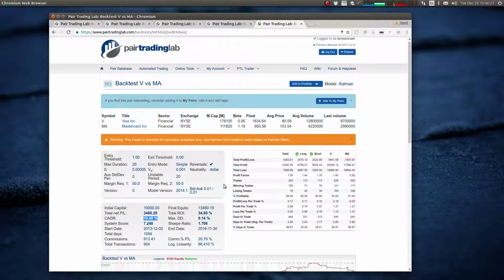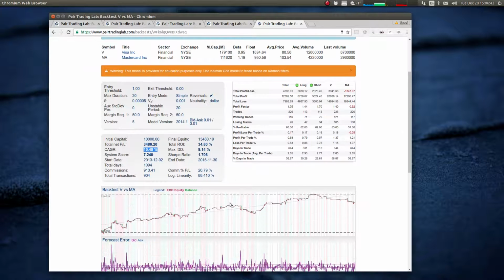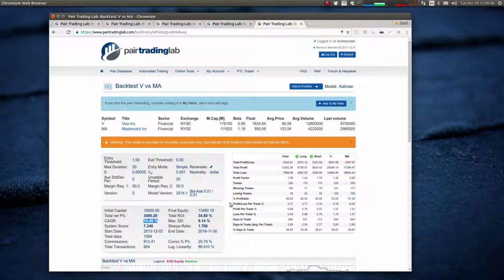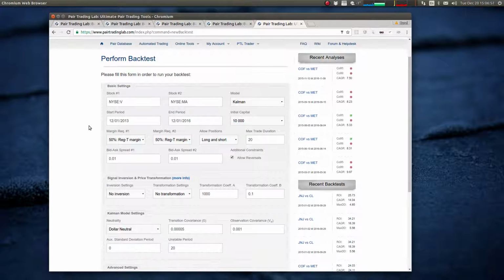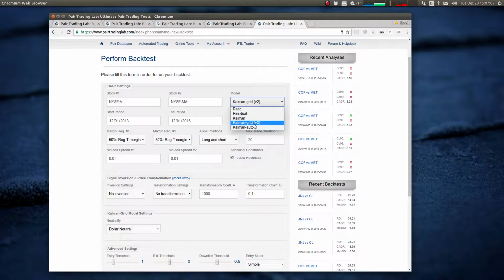So to address this problem, we made our research and we developed two complex models based on Kalman filter, which actually solve this problem. Okay, so to demonstrate, there are two models we invented to address this problem, and that's Kalman Grid version 2 and Kalman Auto.